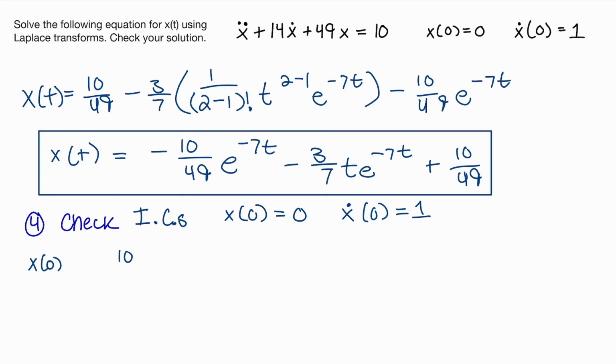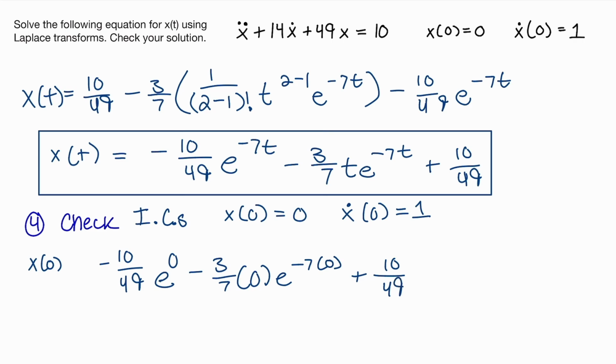So we have negative 10 over 49 e to the 0, minus 3 over 7 times 0 times e to the negative 7 times 0, plus 10 over 49. The term multiplied by 0 will cancel, and e to the 0 power is just 1. And so we end up with negative 10 over 49 plus 10 over 49, which is just 0. So this checks out.